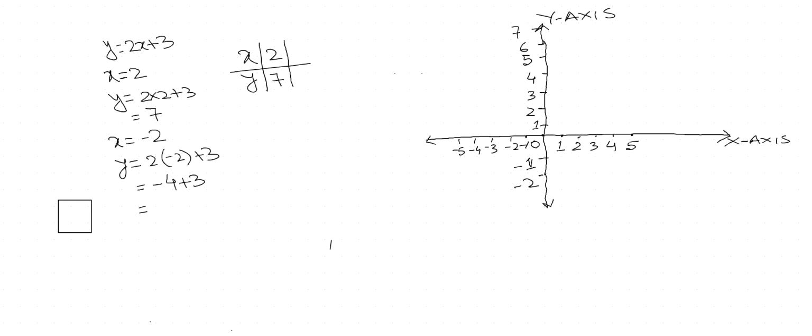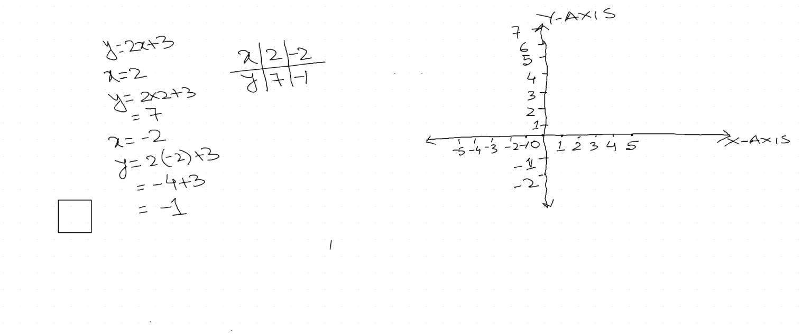Clear to everyone? So when the value of x is minus 2, the value of y is minus 1. So whenever you want to draw a graph, you have to take two values for x, any value you can take, and then you have to derive the value of y.